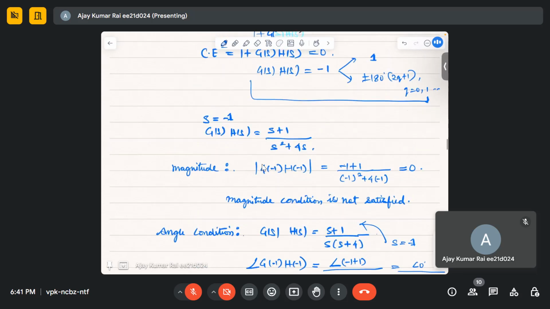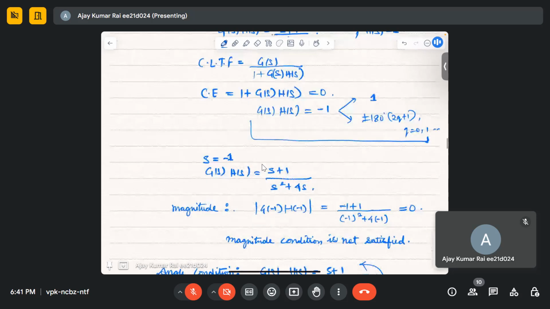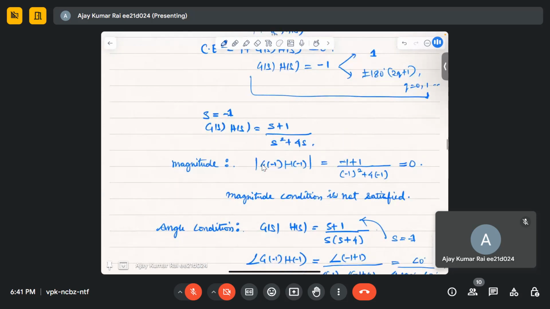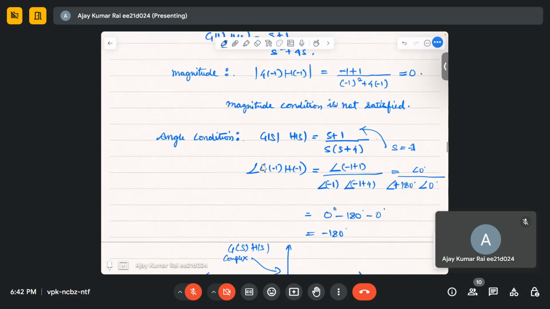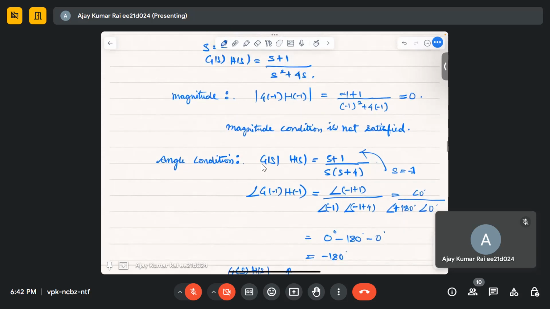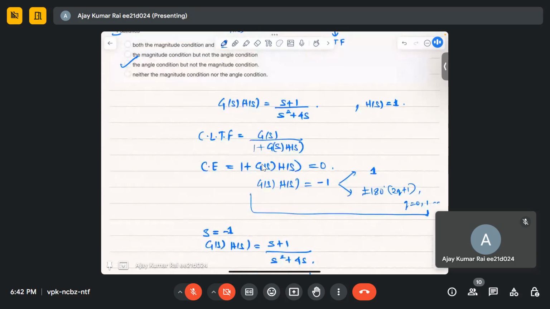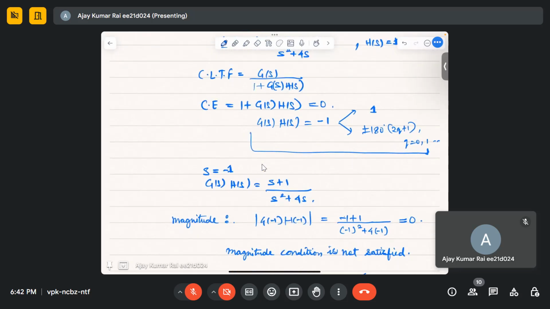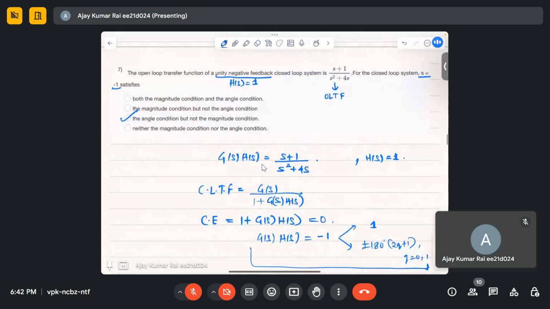Suppose in a particular case your magnitude is not equal to 1, some non-zero value, but its angle condition is met. Then what can you say about that point? That point is not lying on the root locus. That means it is not a pole of the closed loop transfer function.